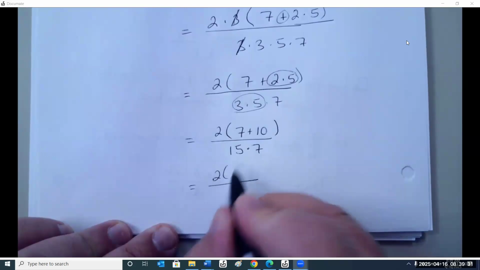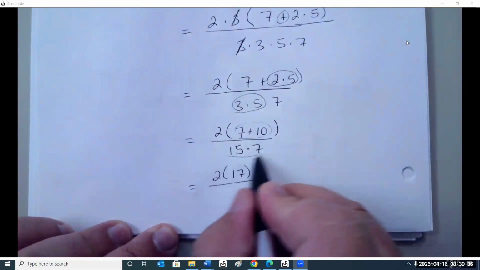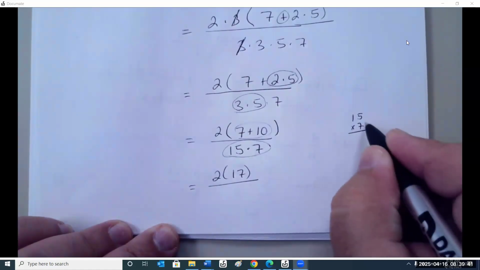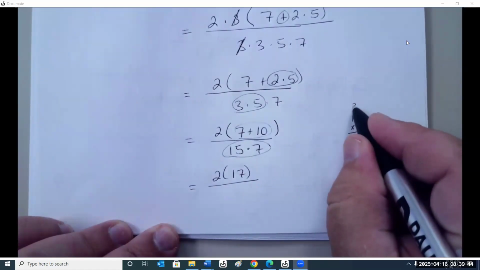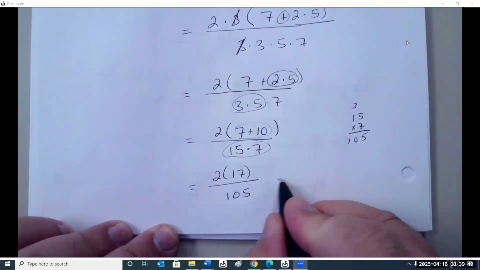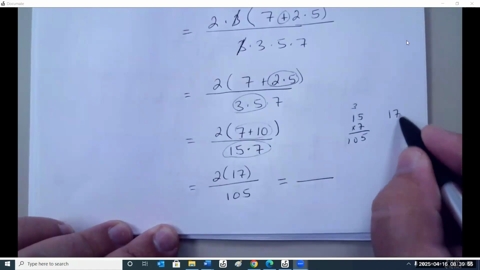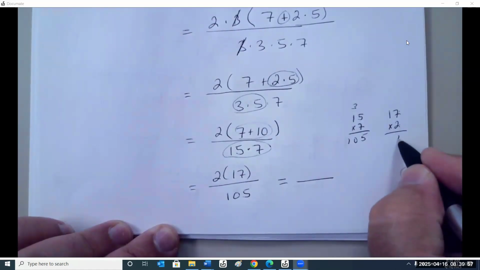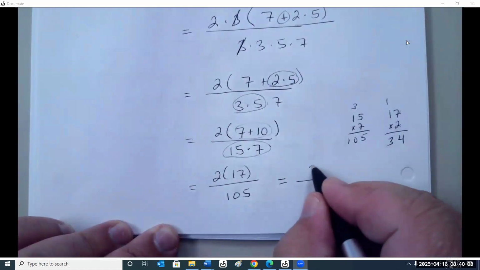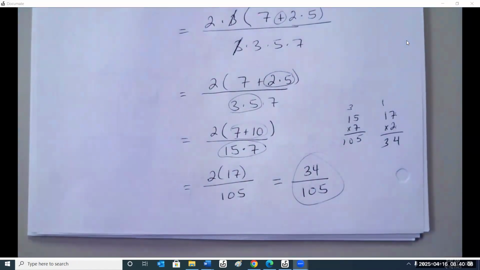On top, we have 7 plus 10 is 17. On the bottom, we have 15 times 7. 5 times 7 is 35. 7 plus 3 is 10. Seventeen times 2. 7 times 2 is 14. 2 times 1 is 2. So we get 34 over 105. And there's your answer.